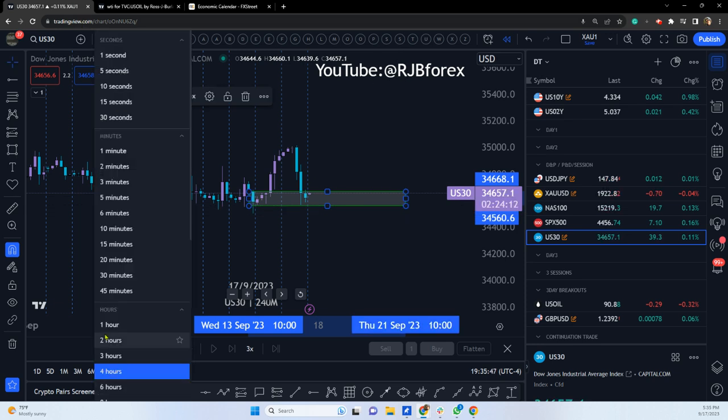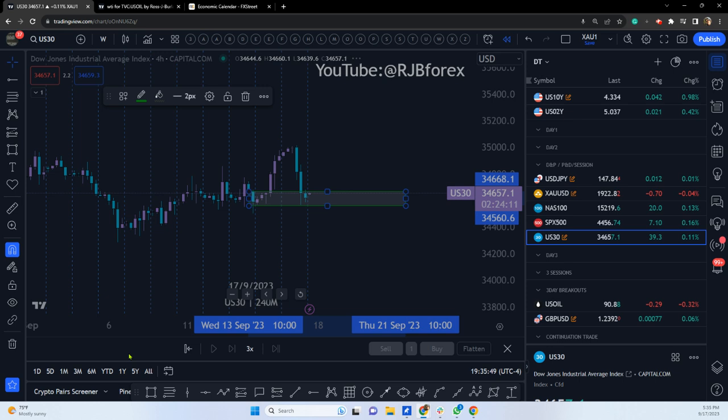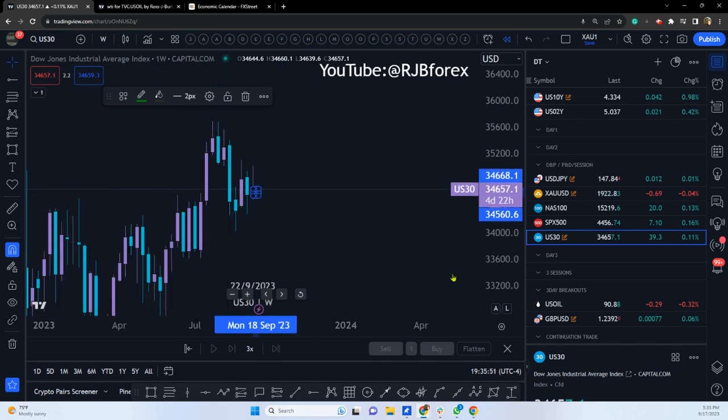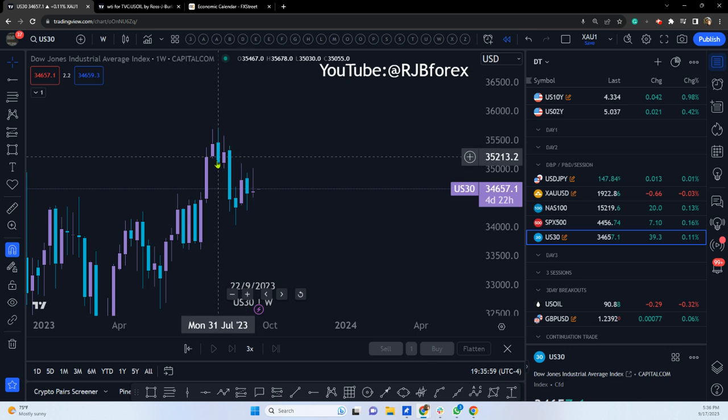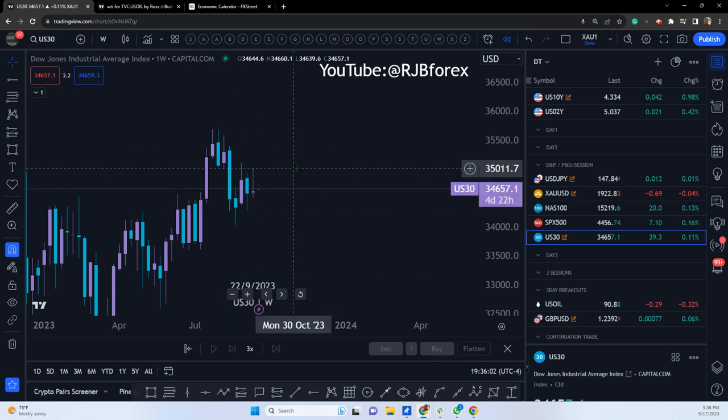Longer term, weekly chart. M formation. Tested resistance. Maybe we're coming lower. So that weekly wick here could well be filled in for the week ahead.